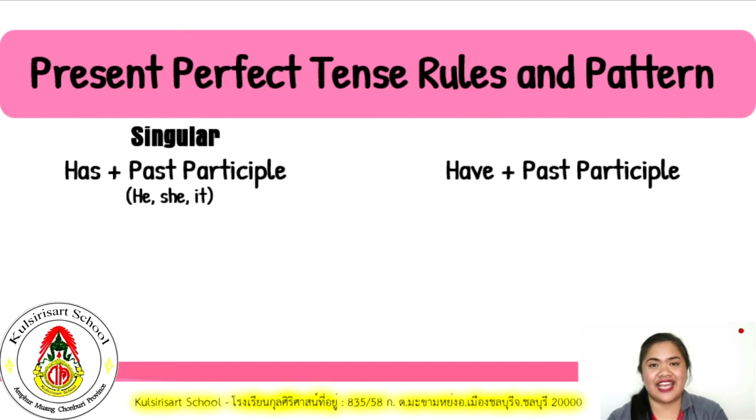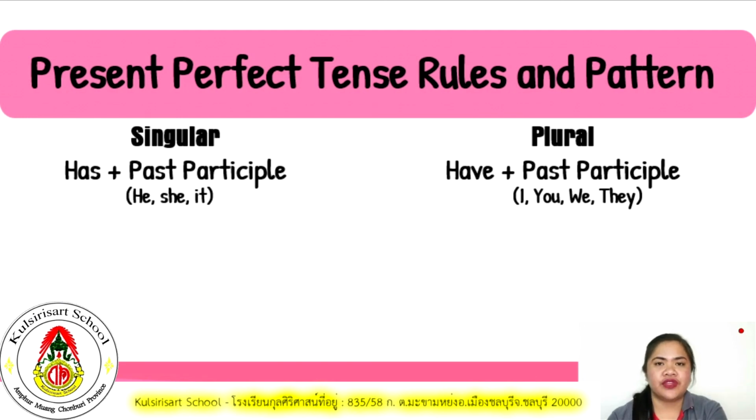We use this if our subject is plural, and that includes the pronouns I, you, we, and they. Although I is singular, it follows the rule for plural. That is an exemption. Although you can be singular or plural, it still follows the rule for plural because it's an exemption. Always remember that.